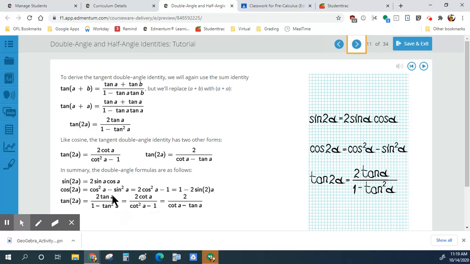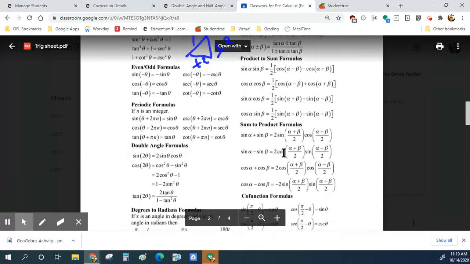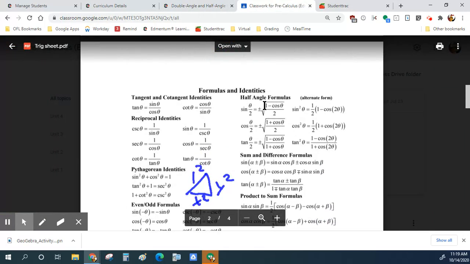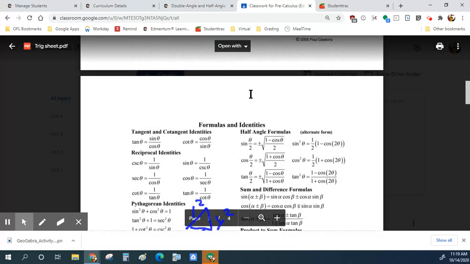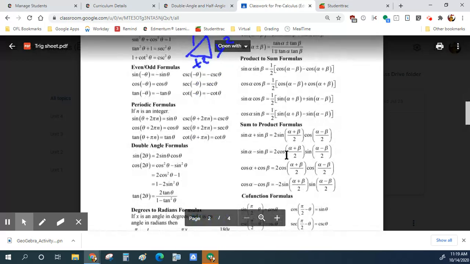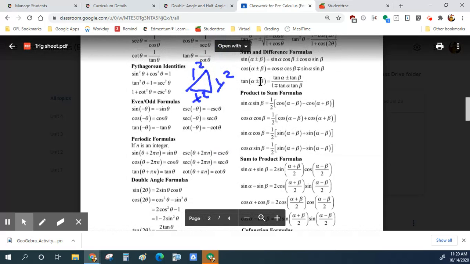So now we're going to derive it for alpha and beta. So this right here is our sum formula for tangent. Oh, there's the half angle formulas. The sum formula for tangent is right here, except we're going to pretend that both of them are alpha.